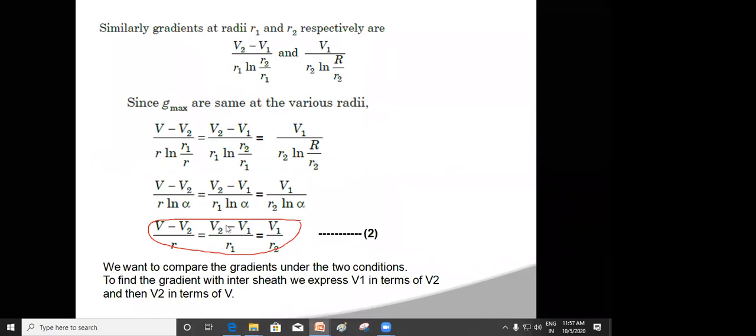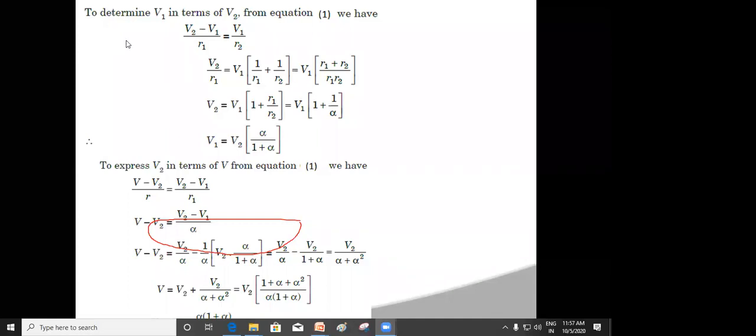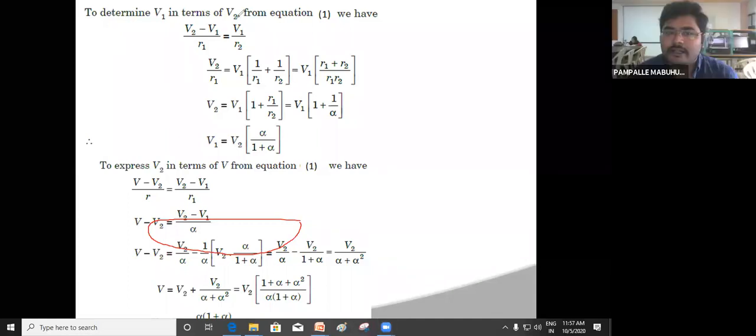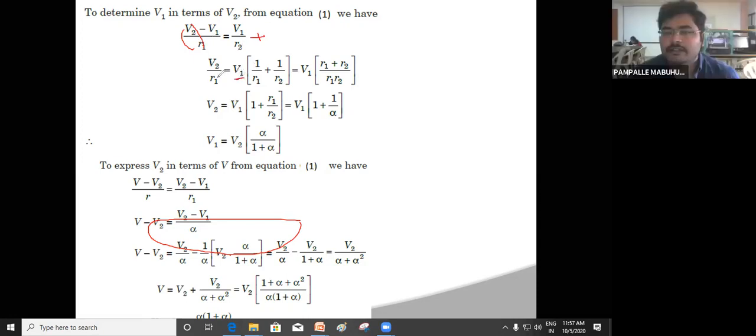Okay. So now from this equation, V2 by R1 is equal to V1 by R2 plus V1 by R1, you will get. So if you take V1 as common, V2 by R1 can be written as V1 into (1 by R1 plus 1 by R2).